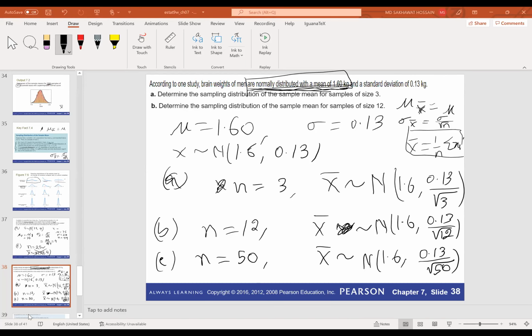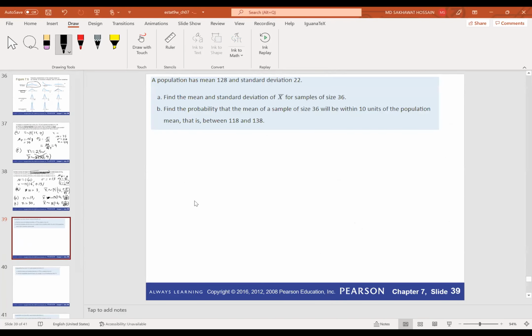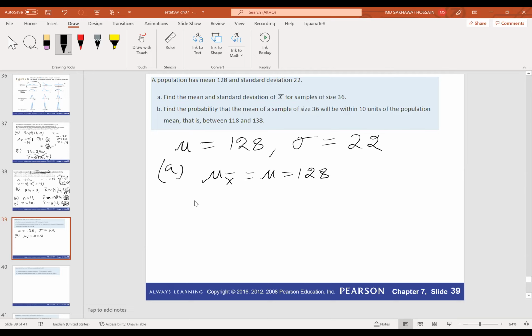Let's move to the next example. A population has mean 128 and standard deviation 22. So we are given the mean mu is 128 and standard deviation sigma is 22. Now in part A, find the mean and standard deviation of X bar for sample size 36. So we need to find mu X bar, which is exactly equal to mu, 128.